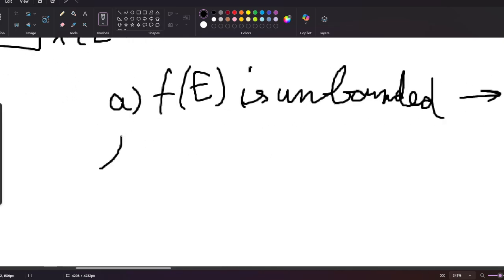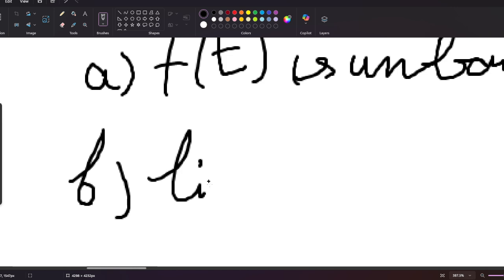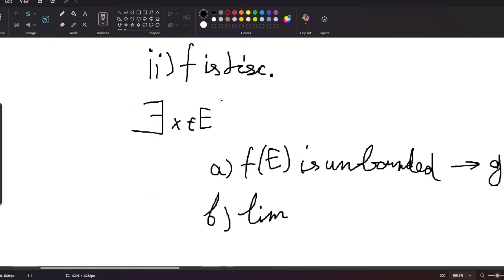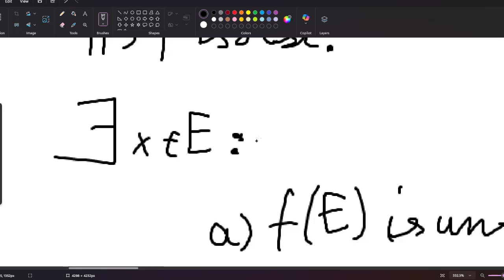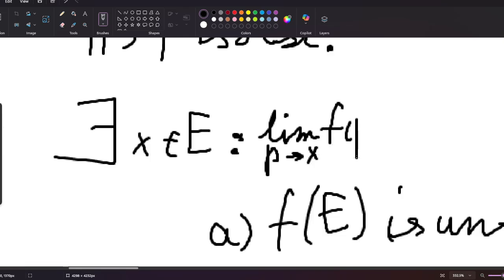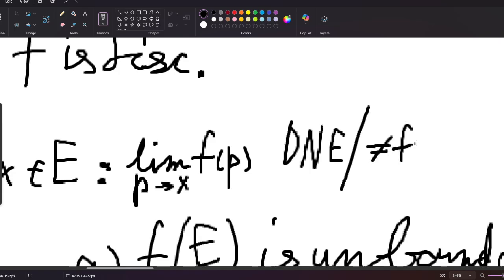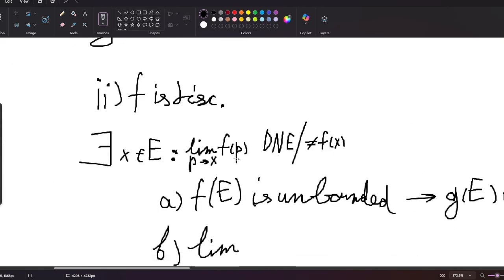Next case, where it is bounded, we say that the limit... let's first write down that this is an x such that the limit as p approaches x of f of p doesn't exist or is not equal to f of x.